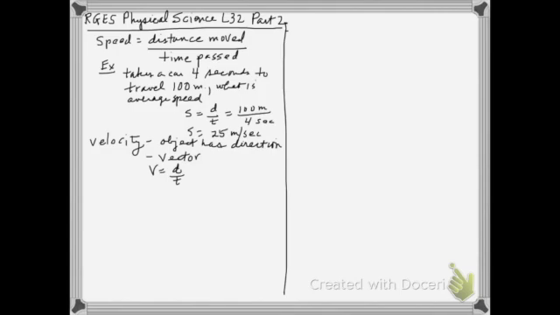Let's say the velocity of a car traveling down the freeway is, let's say, the distance. It travels 200 miles in 2 hours. Okay, so you have 200 miles divided by 2 hours, and you get 100 miles per hour, don't you?